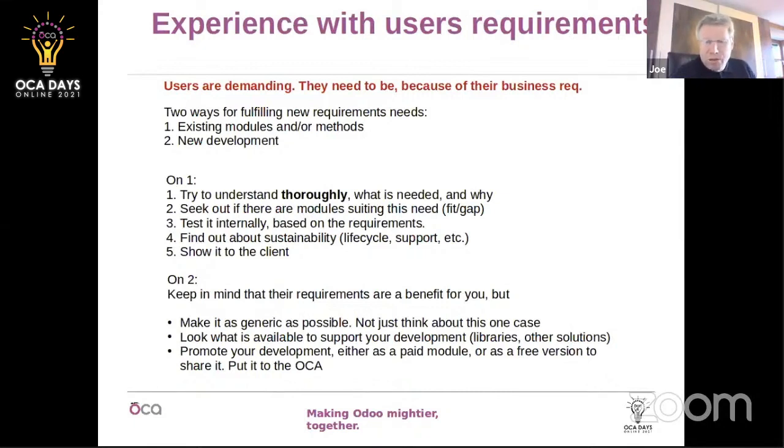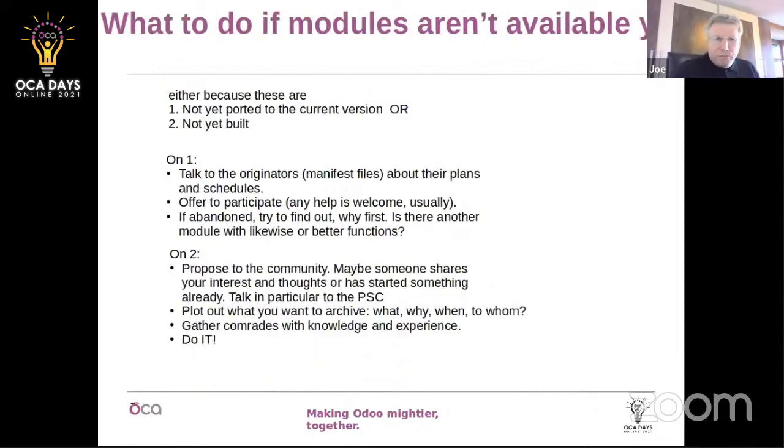So in our view, it's always a good idea to make it a general purpose approach, where you try not to be too specific and not derive those business processes from the old software that might also be in place, but that you think in the language of the Odoo product and in the language and the community of the OCA that you are going to develop. And then if you have it developed readily, you might consider also putting it up into the OCA.